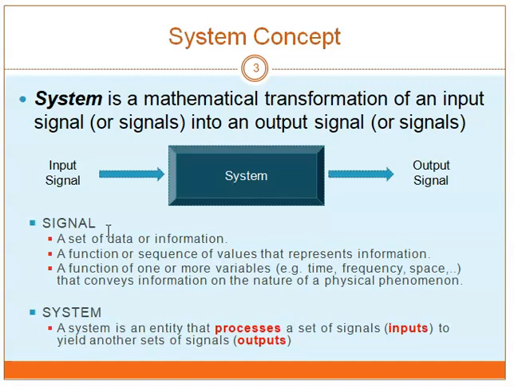It is also a function of one or more variables, such as time, frequency, and space that conveys the information. Whereas a system is an entity that processes a set of signals, which is the incoming input signal, to yield another set of signals, which would be the output signal.